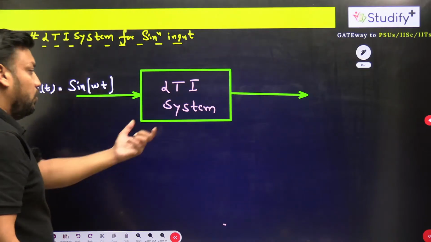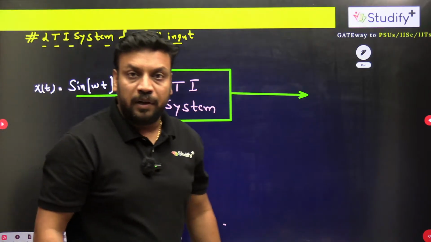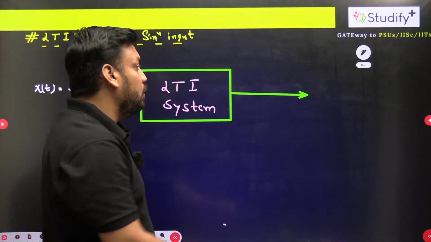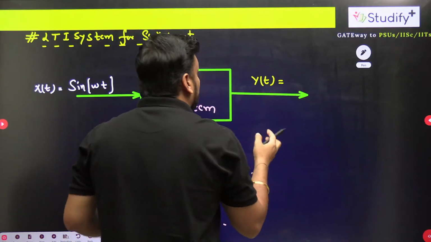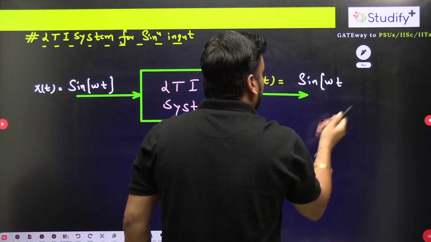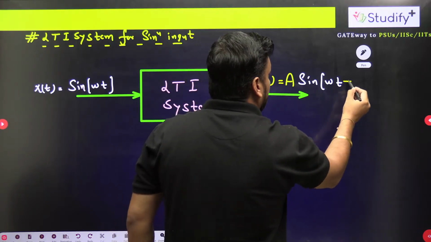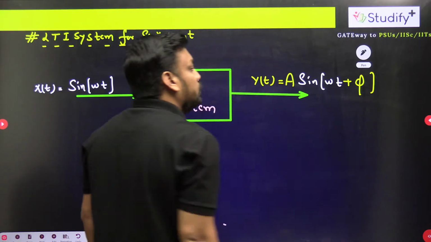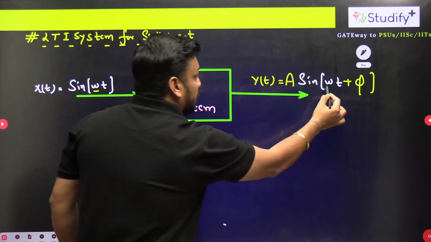Then for the LTI system, the important property is that whenever any sinusoidal input is applied to a system, the output will also be sinusoidal, but having different magnitude and phase. So it is sine omega t only, but with A and phi extra, whereas the frequency omega remains the same.